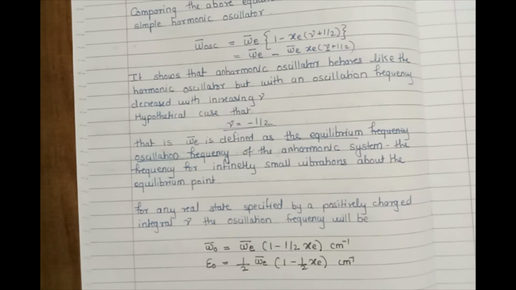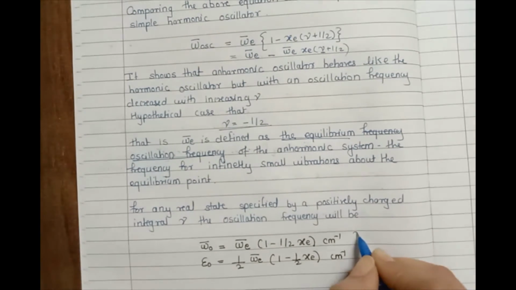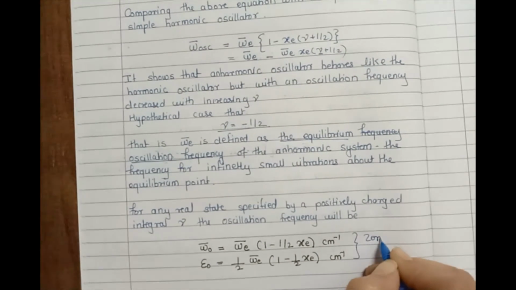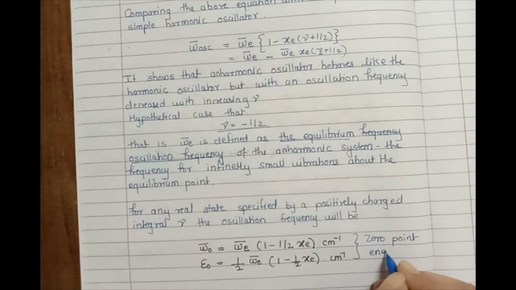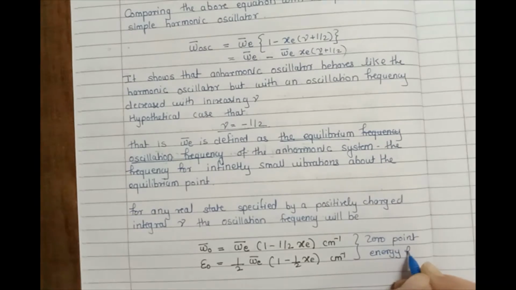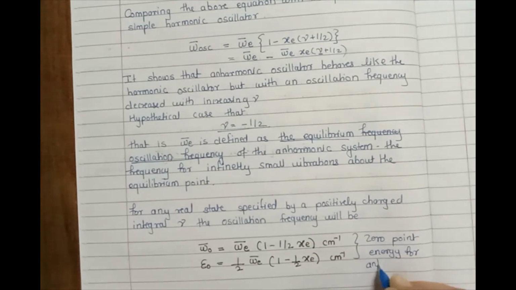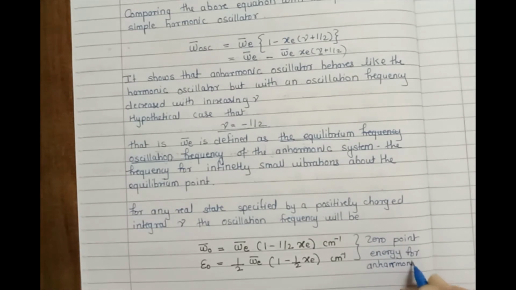We see that the zero point energy differs slightly from that of the harmonic oscillator. So this is the zero point energy for an anharmonic system.